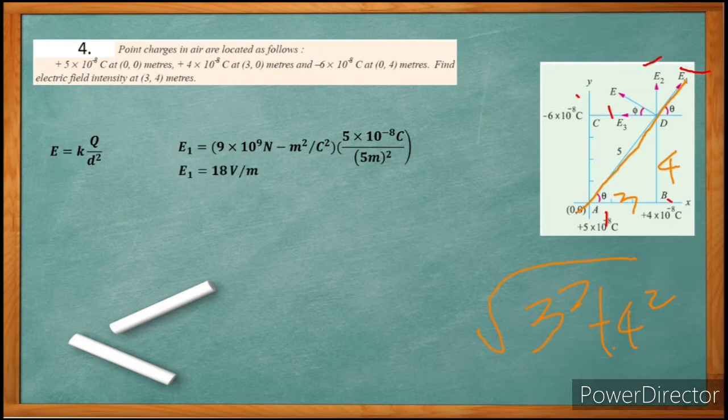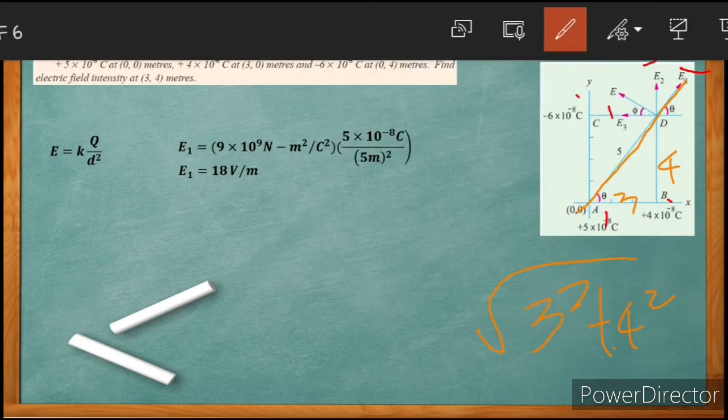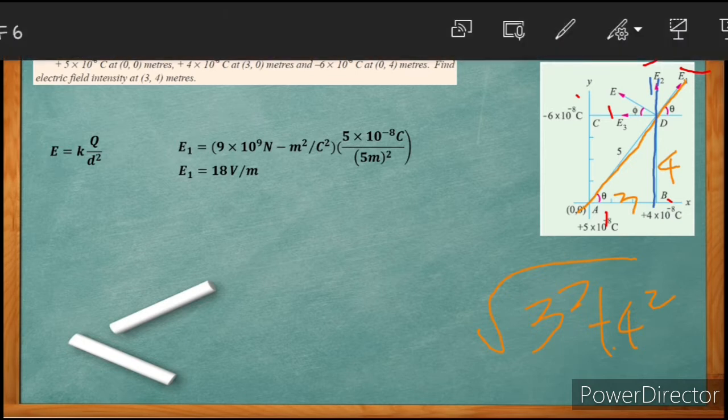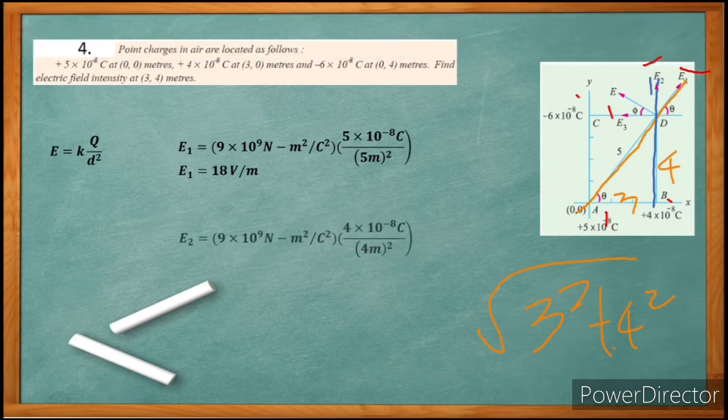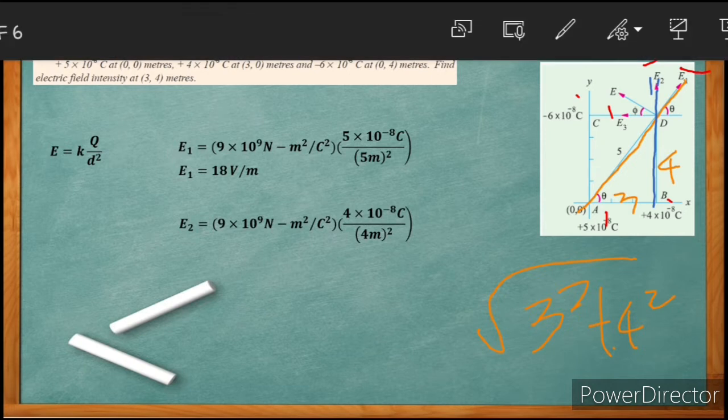Now let's proceed to the electric intensity at this point, E2. In E2, we have 9 times 10 raised to 9 newton meter squared per coulomb squared, and the point charge at B is 4 times 10 raised to negative 8 coulomb, and the distance is 4 meters.